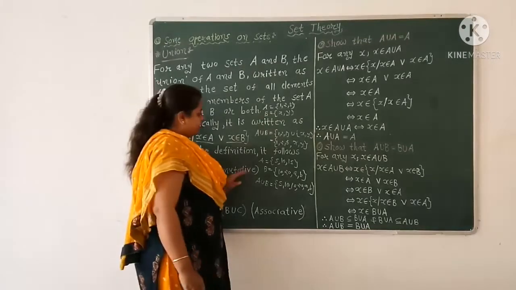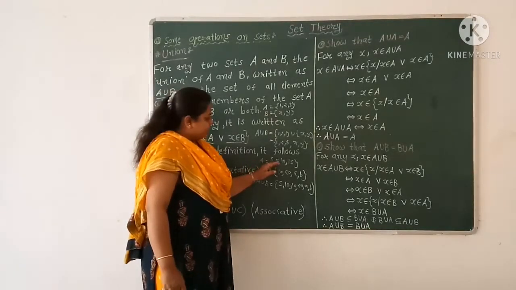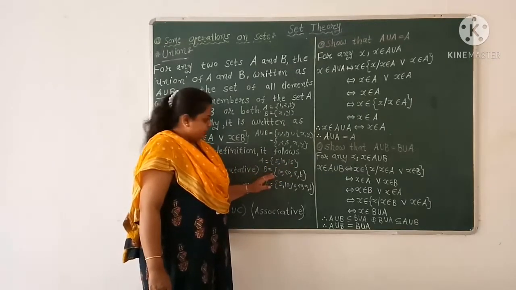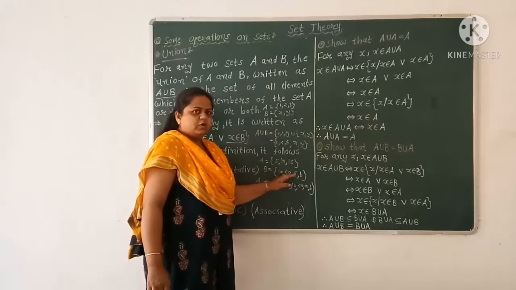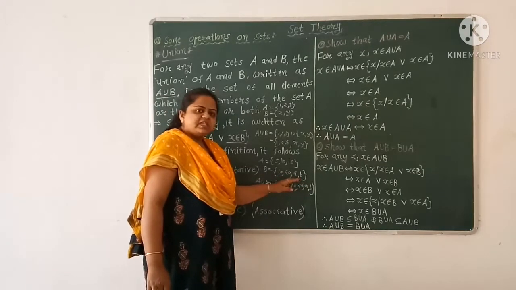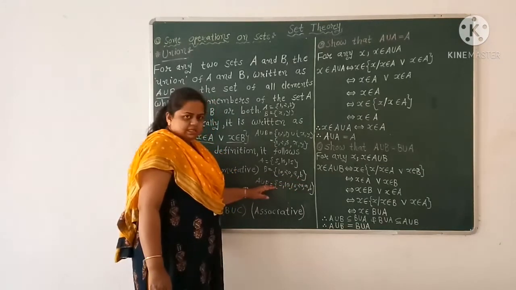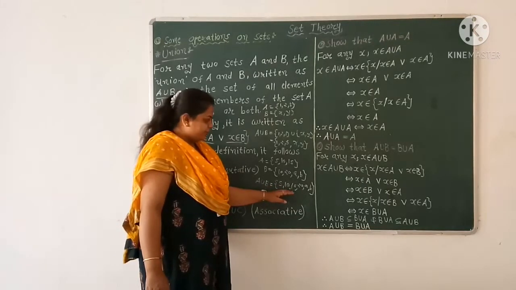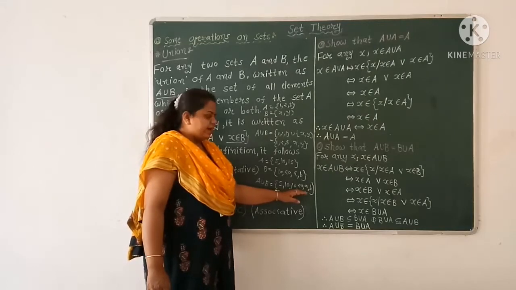Suppose here we have A equal to {5, 10, 15} and B equal to {10, 20, a, b}. As we discussed, A union B is equal to {5, 10, 15, 20, a, b}.